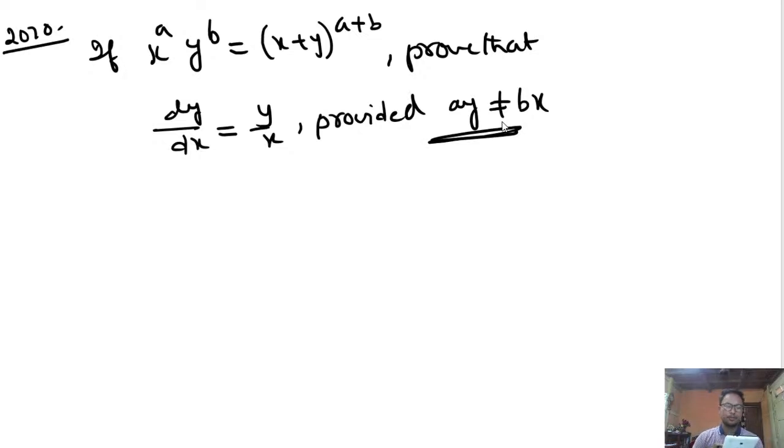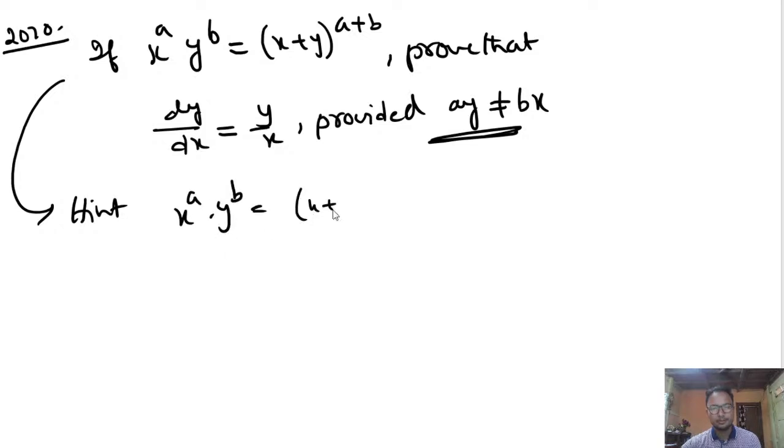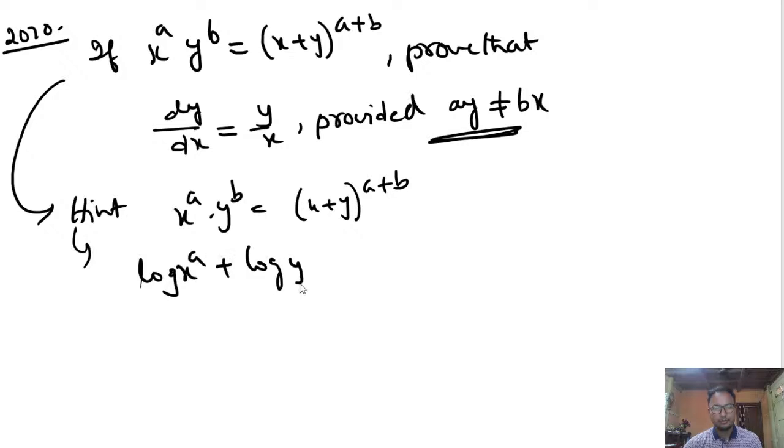So I don't think that I need to solve this question. The hint is that x to the power a y to the power b is still a kind of product of two functions. So take log on the left hand side, a log x plus b log y, and on the right hand side, a plus b log of x plus y.